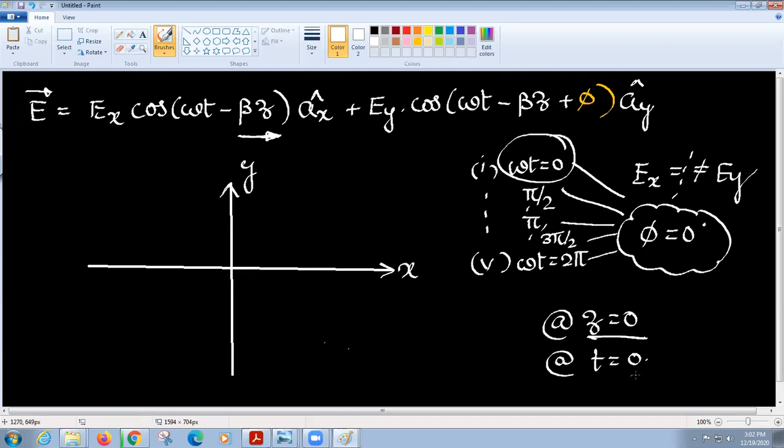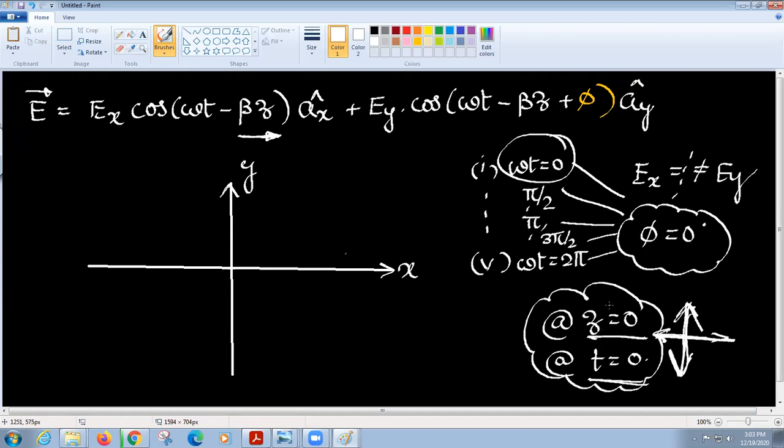When I satisfy these two conditions, on the transverse plane I can see only vector oscillations, like up and down, or like this. Omega t equal to 0, z equal to 0, so cosine 0 is 1. So no second thought, I have a vector like this.